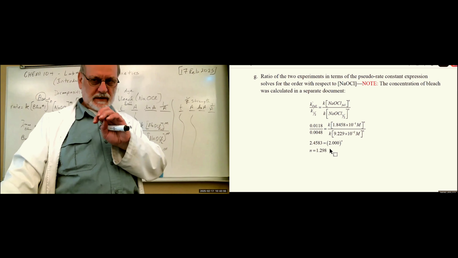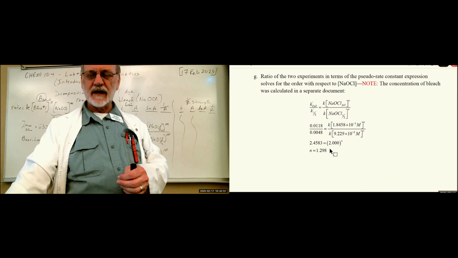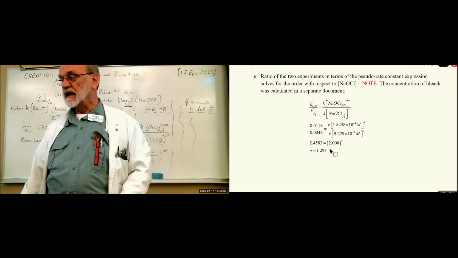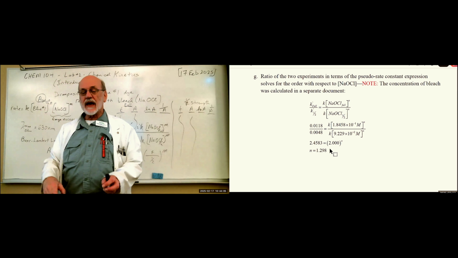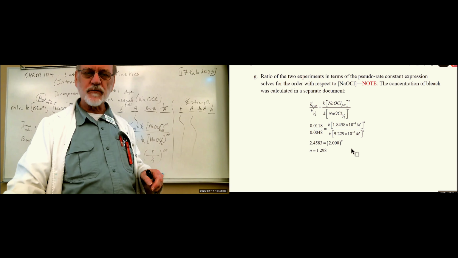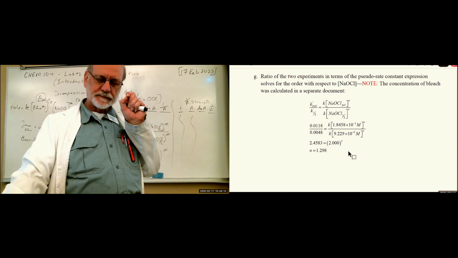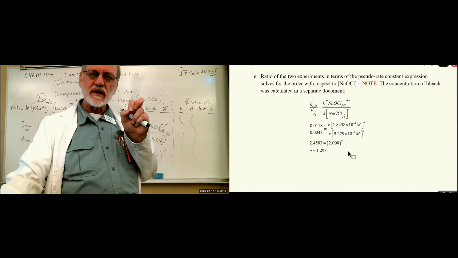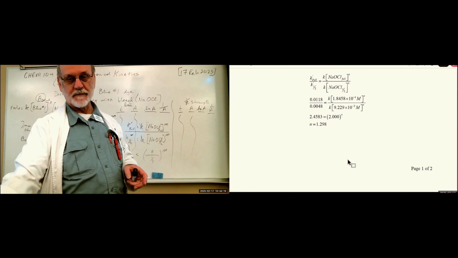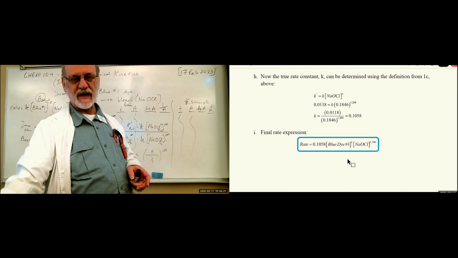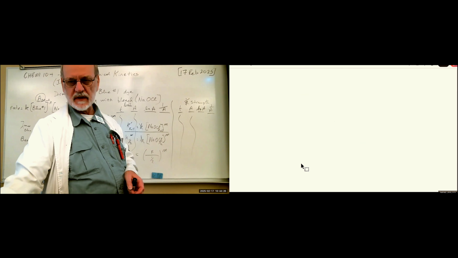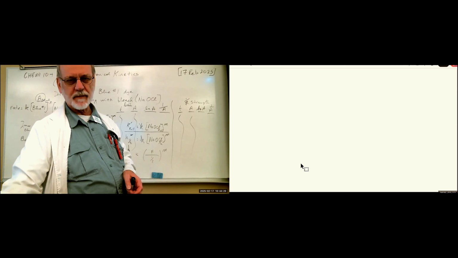So don't be dismayed if your calculation gives you a value here that's not an integer. This one will be an integer because we determined that one from our graphing. But the calculated value for the order for the bleach is likely not going to be an integer. Okay, so there's what the expression would look like for this example. And I think that's it, yeah.